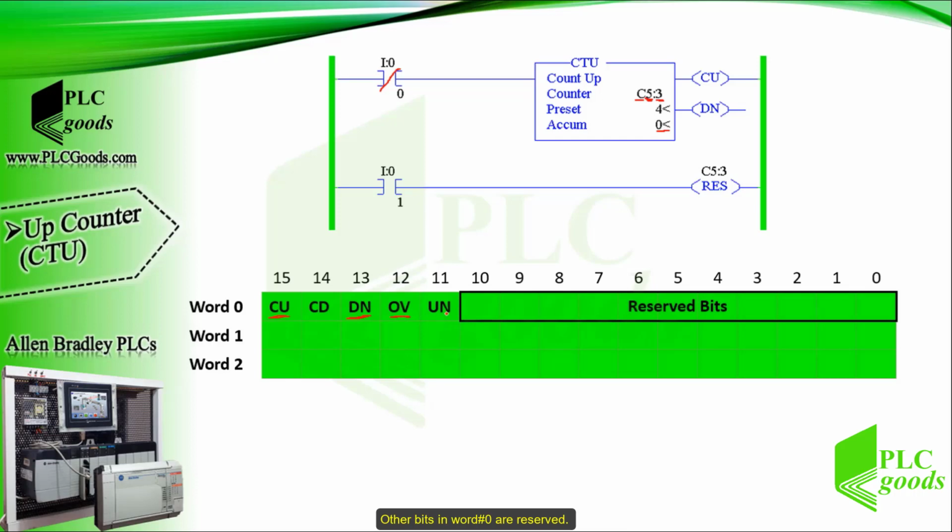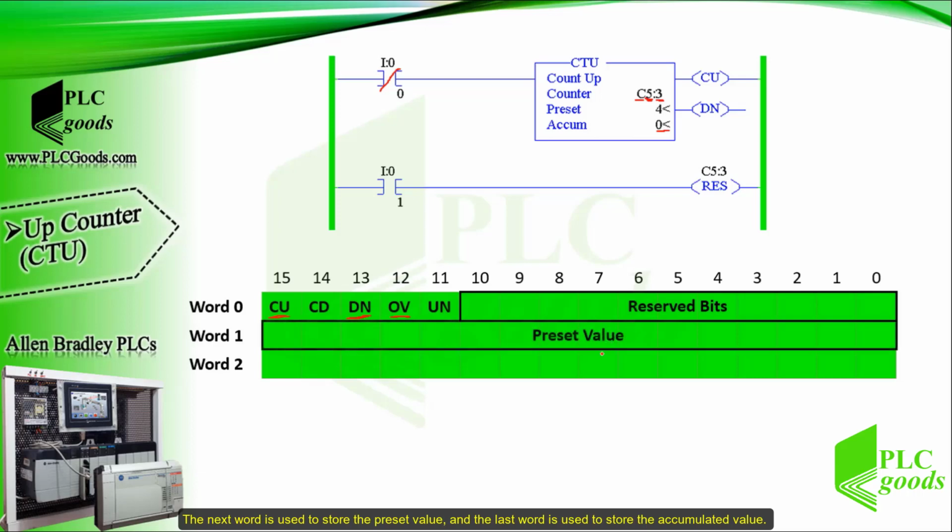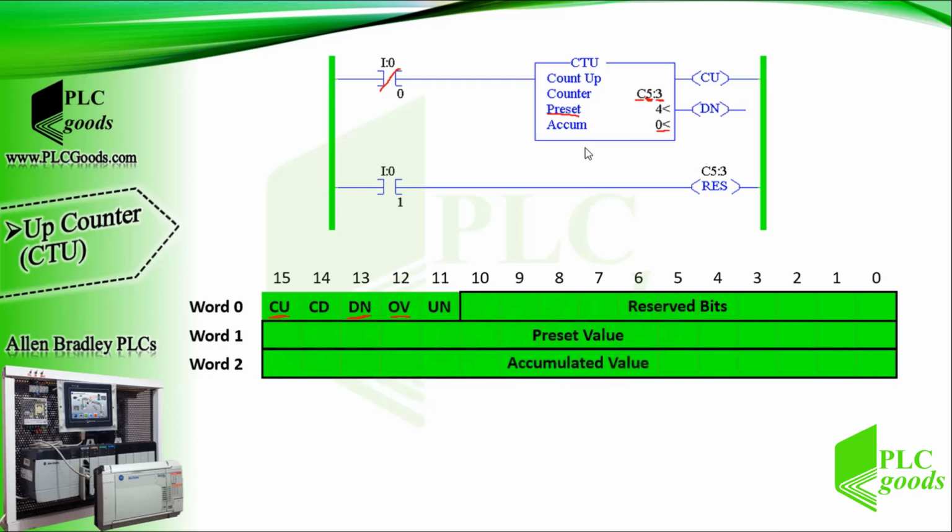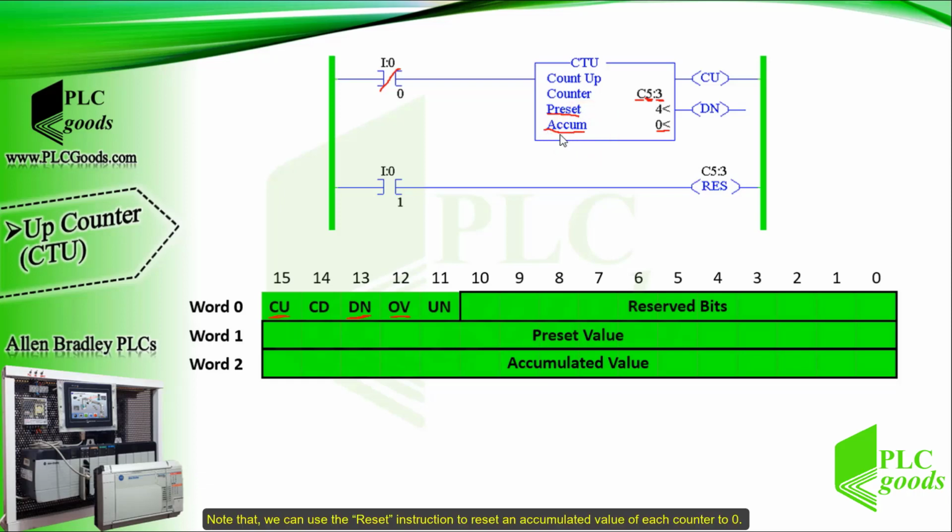Other bits in word number 0 are reserved. The next word is used to store the preset value, and the last word is used to store the accumulated value. Note that we can use the reset instruction to reset an accumulated value of each counter to 0.